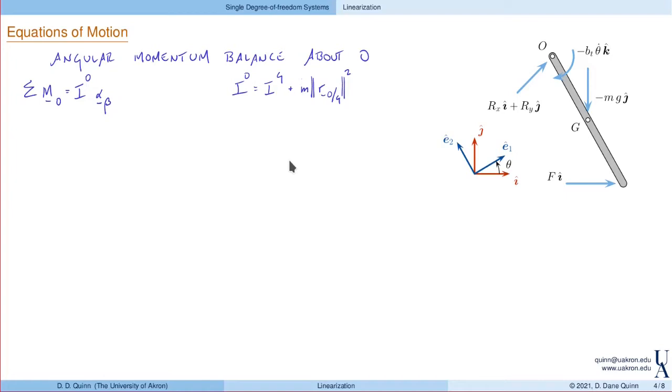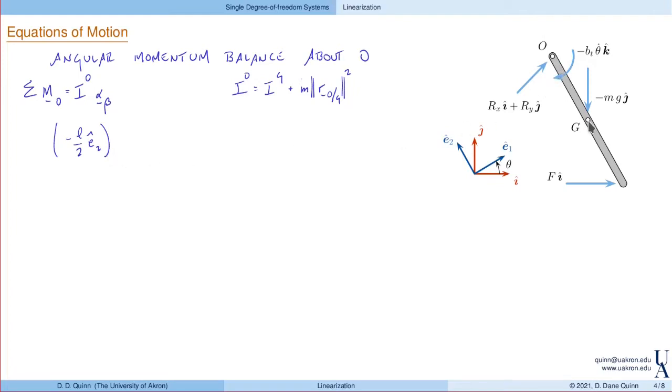Now, let's just go and apply this. Moments, remember, are R cross F. So here, for the weight, it's the position of G with respect to O. So that is minus L over 2 in the E2 direction. E2 is defined as this upward and to the left in this configuration direction.